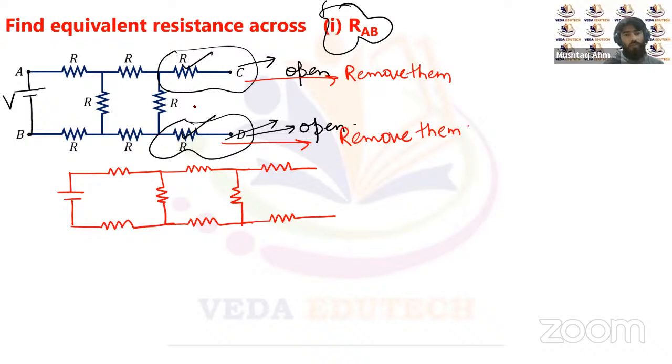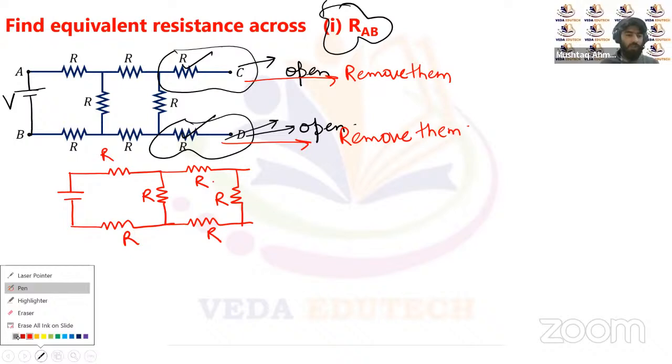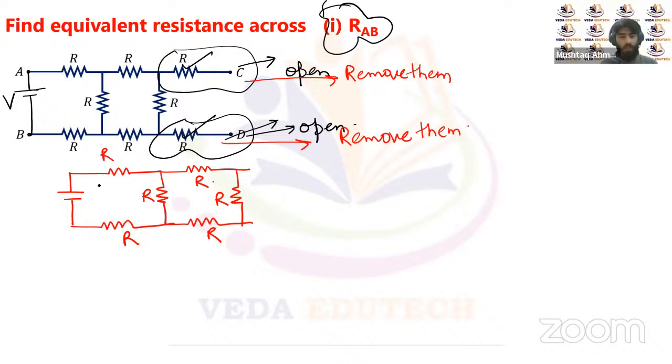So these two are removed. We'll be left here with R, R, R, and each of them has a resistance equal to R. We have removed these two resistors R and R, and this is our equivalent circuit.